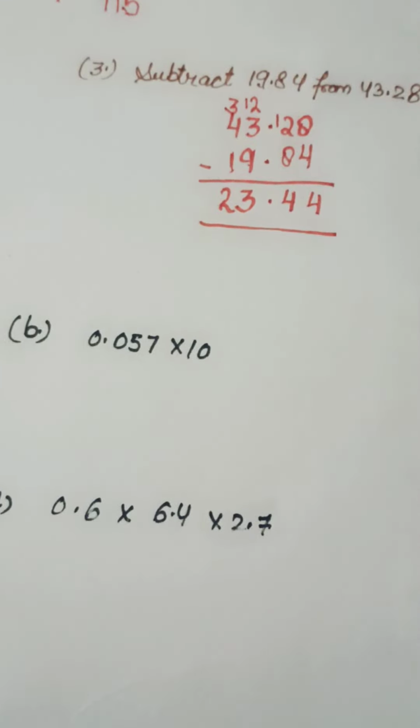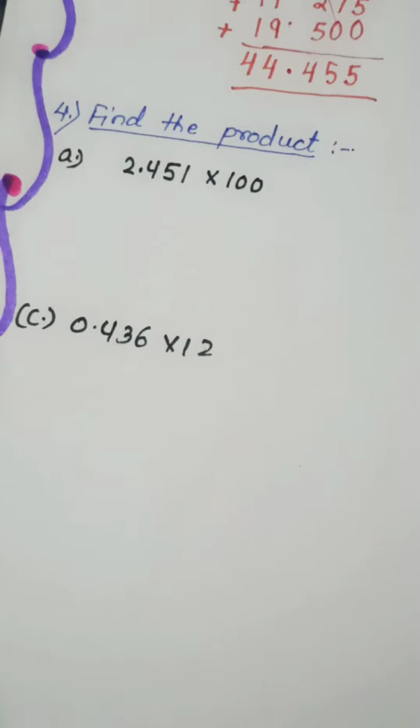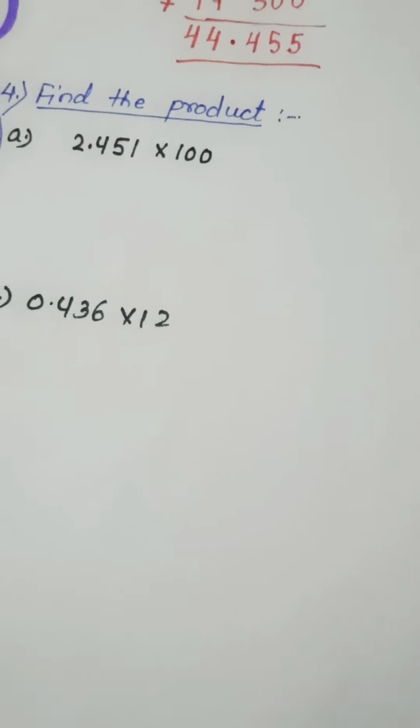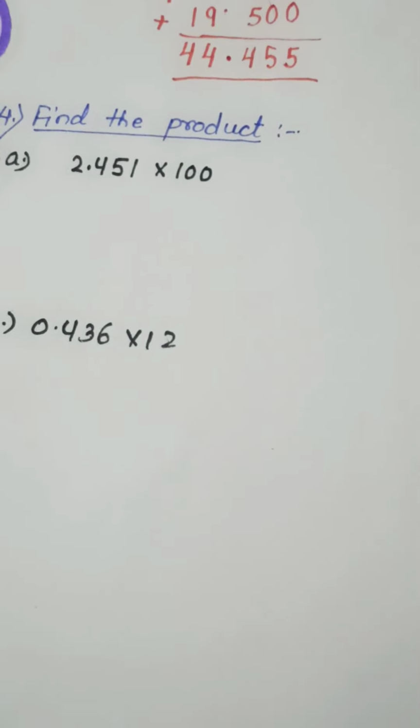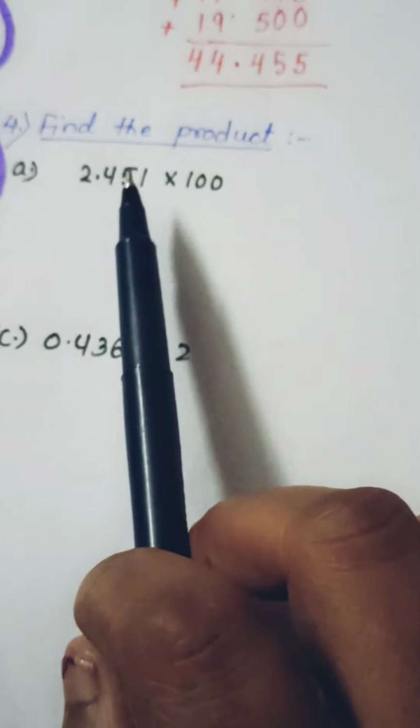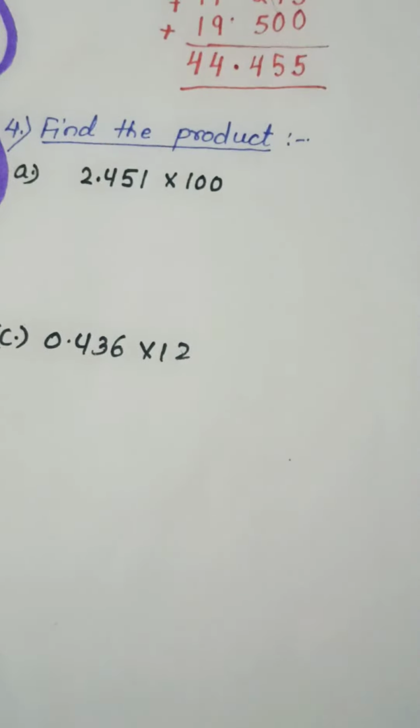Now we'll move on to the next question, and our next question is find the product. In this question we will find the product of different numbers. Okay, so let us get started. Now see, 2.451 into 100, right? What we need to do, I have explained it during class time also.